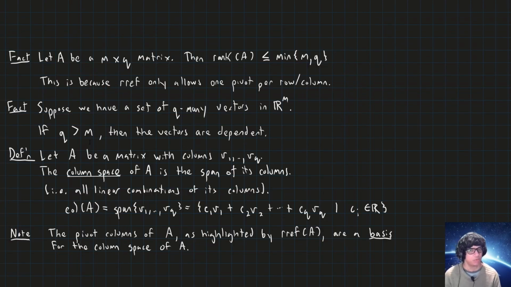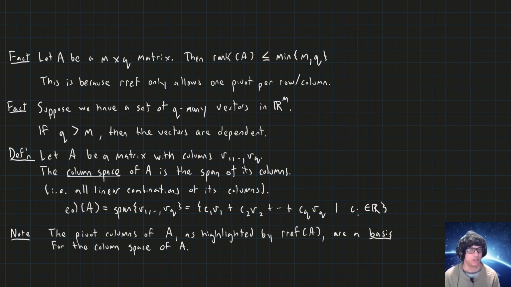Now I'll mention the definition of the column space of a matrix A. Let matrix A have columns v1 through vq. Then the column space of A is the span of its columns, in other words, all linear combinations of its columns.